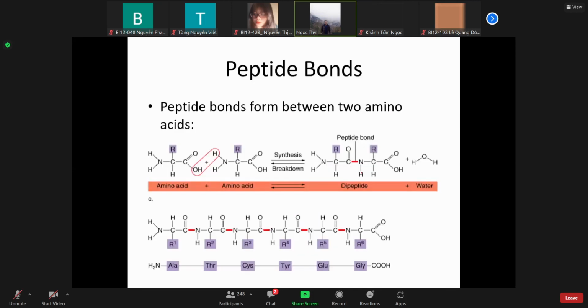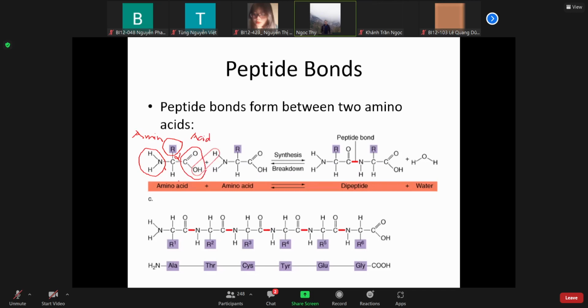For the peptide bonding here, in an amino acid we have the alpha carbon, which is the carbon in the middle here, binding to the side group, and we call it an amino acid because it has an amine group and a carboxyl group, or we call it the acid group.